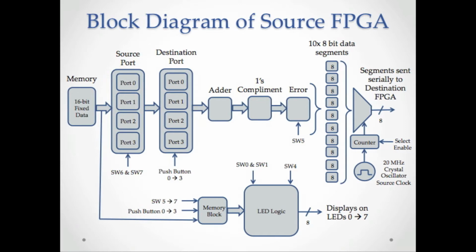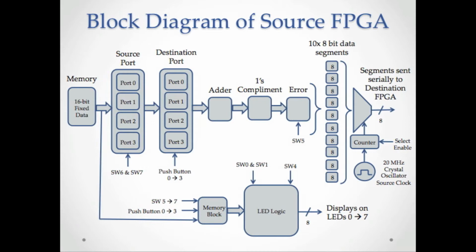Here's a block diagram of the source FPGA. I'll be going into more detail on this slide compared to the destination FPGA, since the destination FPGA is pretty much a mirror image of this block diagram. On the left we can see we have 16-bit fixed data, which is stored in the memory. We use switches 6 and 7 to select a port number, which is anything from 0, 1, 2, or 3.